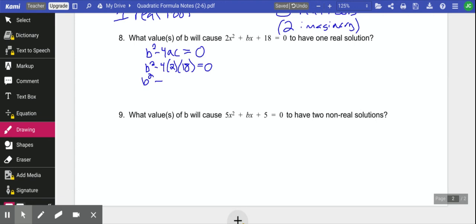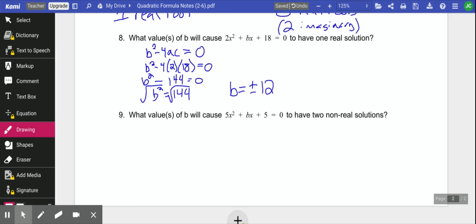So we get b squared minus, I need a calculator for that, 144. We're just going to finish solving this. I'm going to add 144 to both sides and take the square root. So b is plus or minus 12, and that means this quadratic just has one real solution.